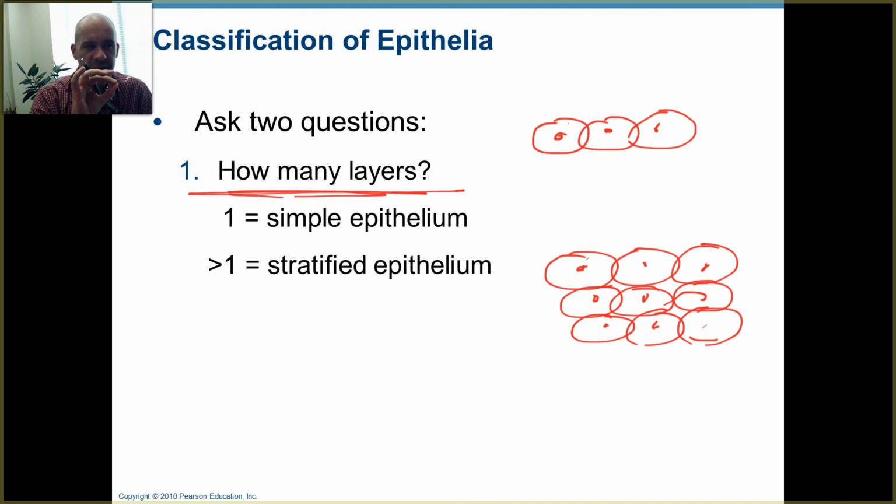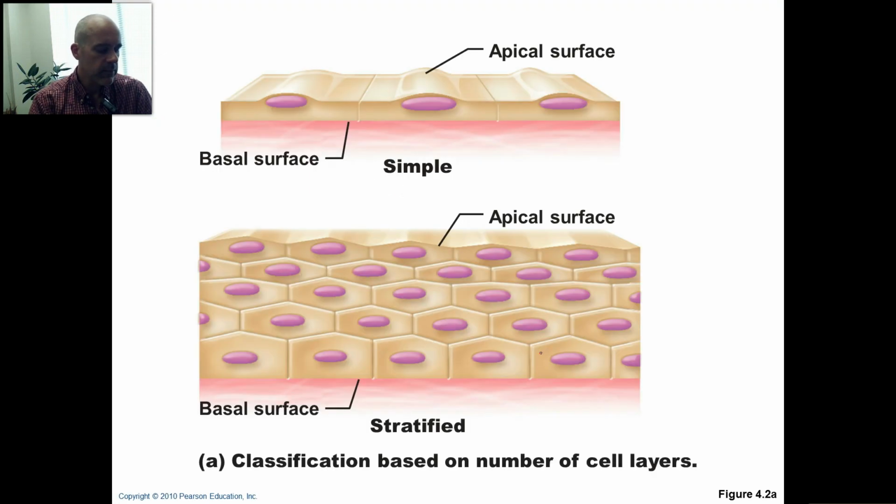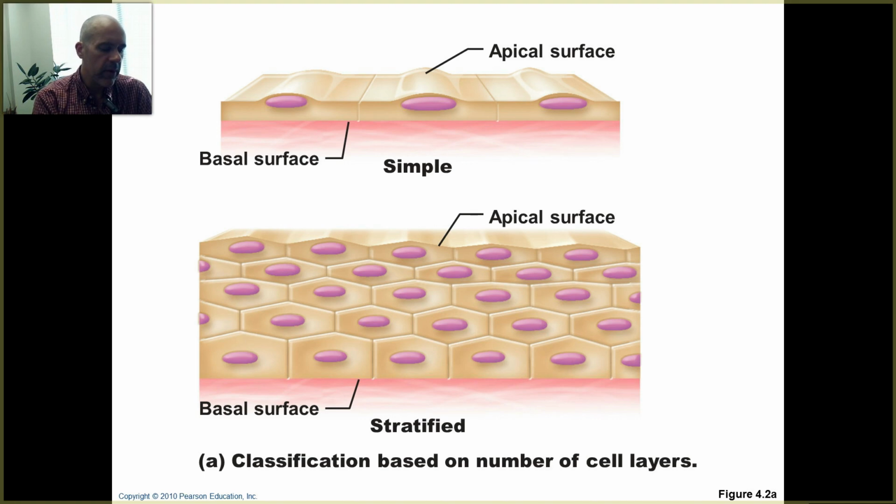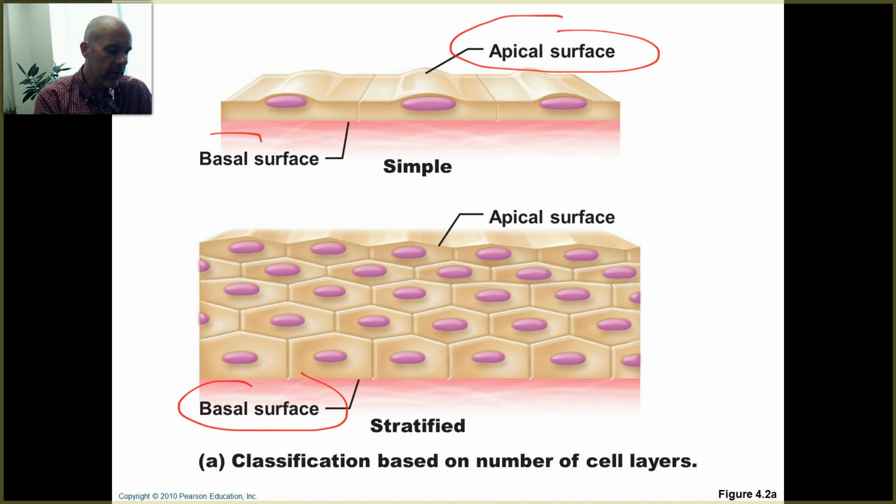Whenever you hear strat, that often means layering. It's something that's multi-layered. So that's one thing you have to ask yourself. There are some pictures there from your textbook, which are showing a simple and stratified epithelial type tissue, and they're also highlighting for you on the diagram the apical surfaces and the basal surfaces.